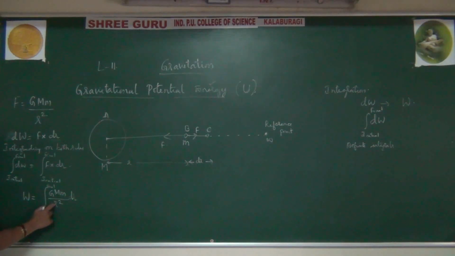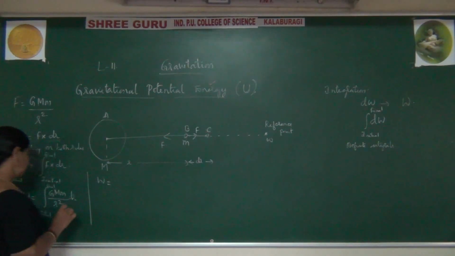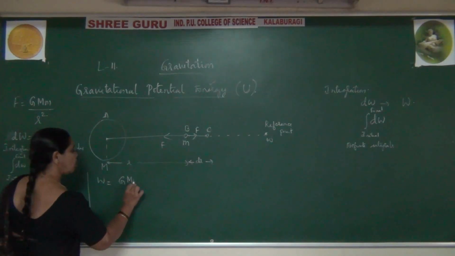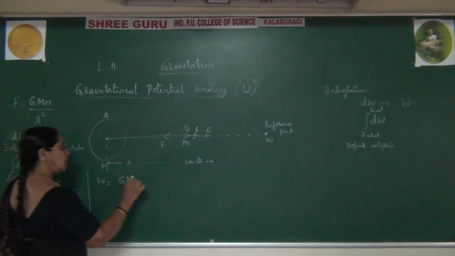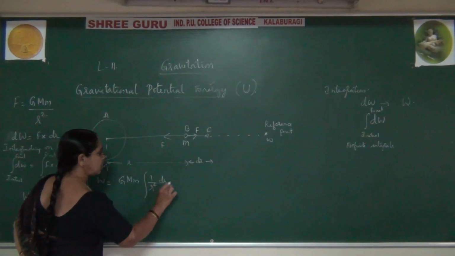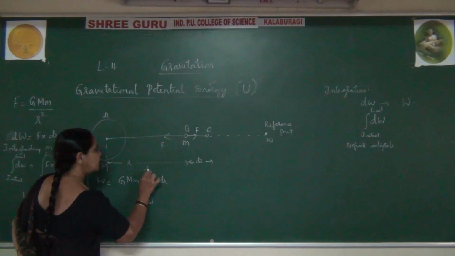Only the variable is the distance r and this dr. So I just integrate only the variables, and whatever constants you have, we take outside the integral symbol. Therefore, W is equal to capital G, capital M, small m, integral of 1 by r square dr, from initial to final point.